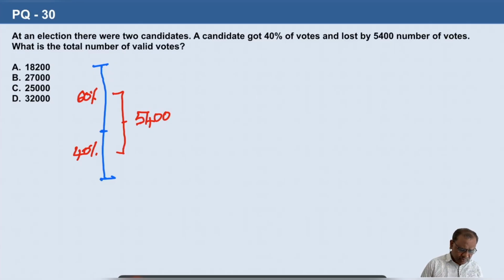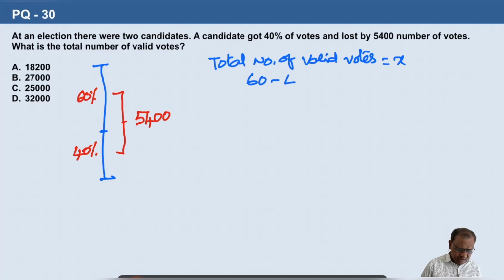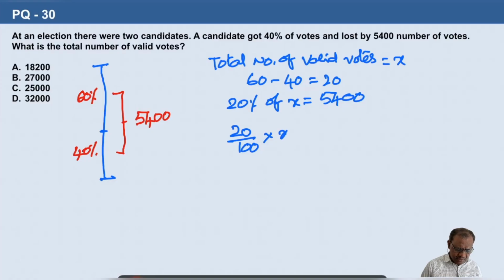Total number of valid votes we'll assume as X. Difference between 60 and 40 is 20. 20% of X is 5,400. Simplify this. 20 by 100 into X is equal to 5,400.